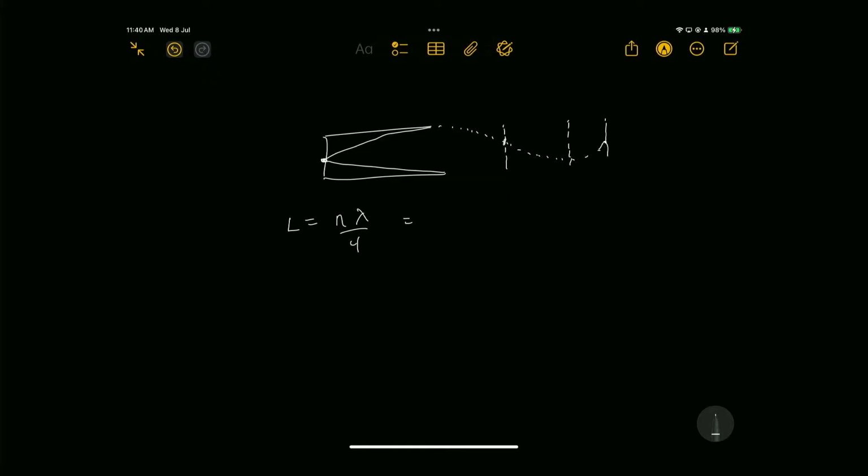So the length of the pipe is L equal to lambda over 4, right?